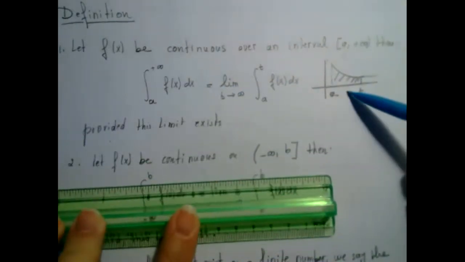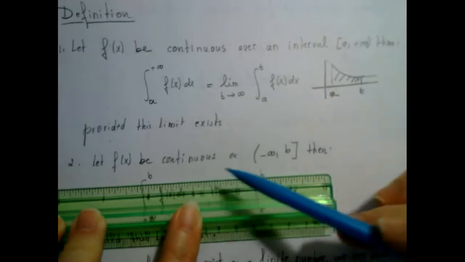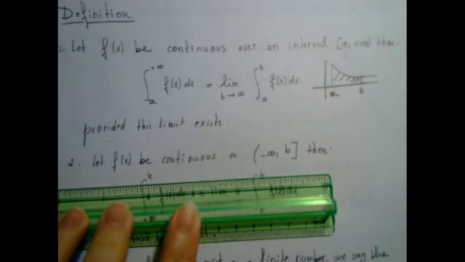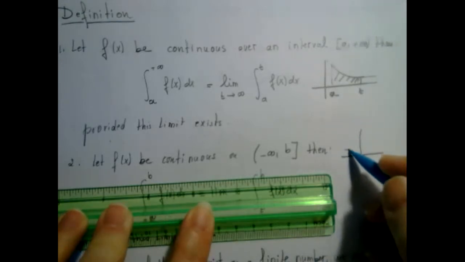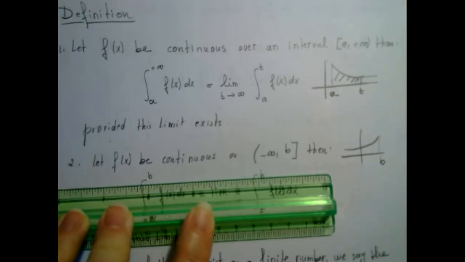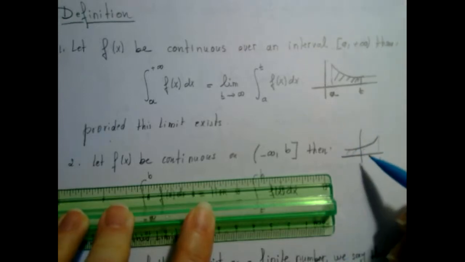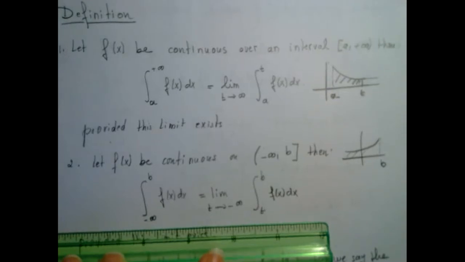Now, by the same token, we talk about the integral from minus infinity to b. So now, number 2. Let f again be a continuous function from minus infinity to b. So suppose I have this type of function. This is my b up here. Then we define the integral from minus infinity to b of f of x dx.